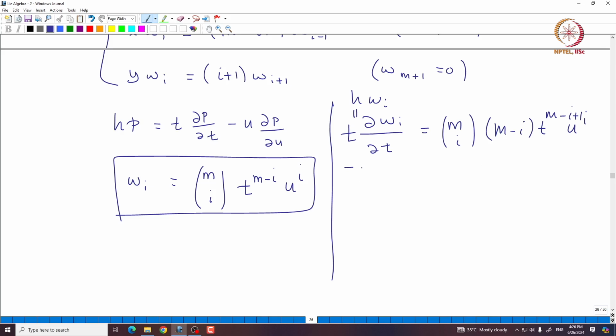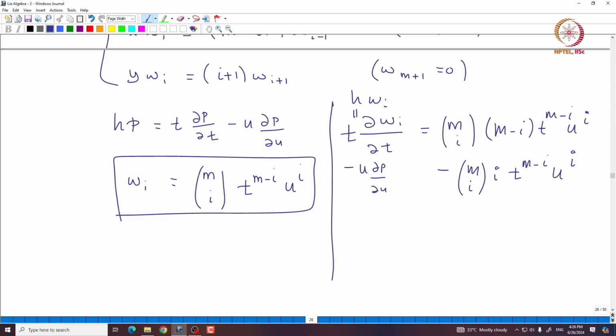Then we want to subtract u dou p by dou u. That is going to be minus again m choose i times i times t power m minus i, u power i minus 1 will be there. So that is going to give me, the plus 1 is not there because we are differentiating. So this is t power m minus i, u power i, and then here again m minus i, u power i.